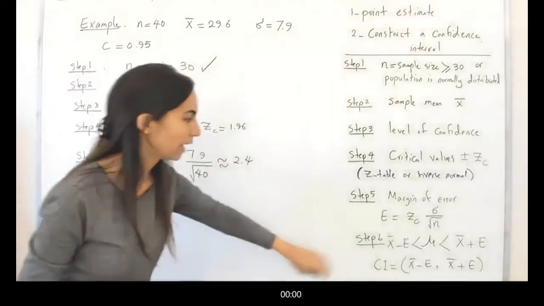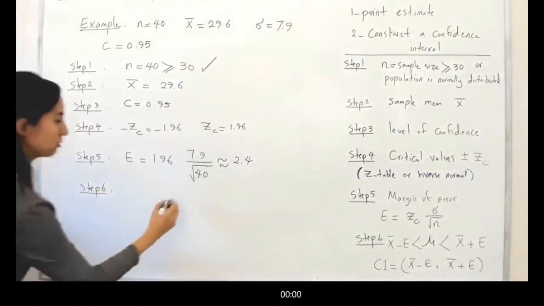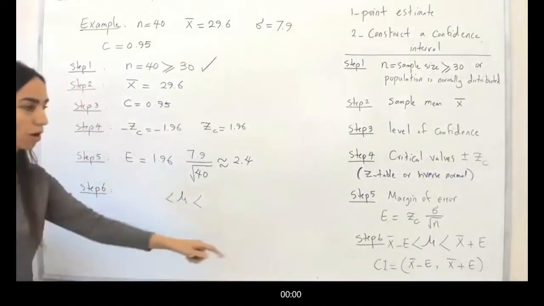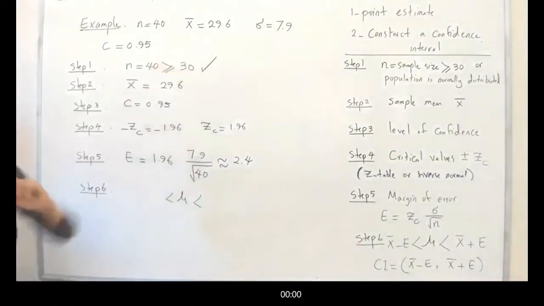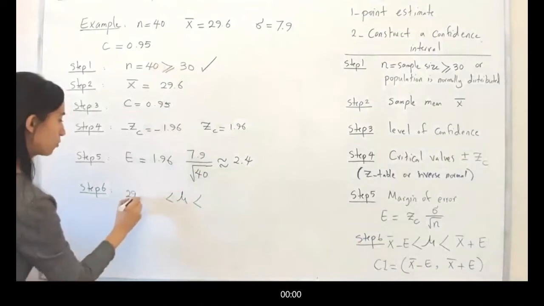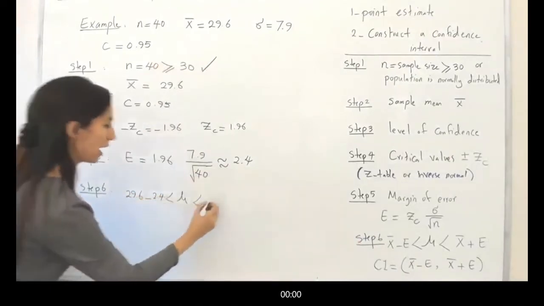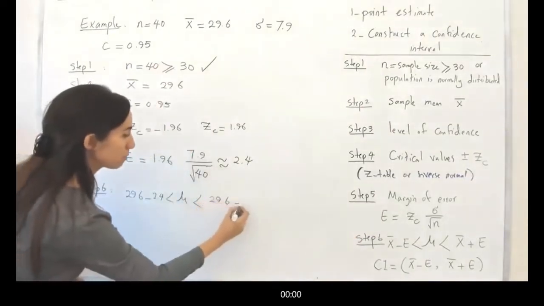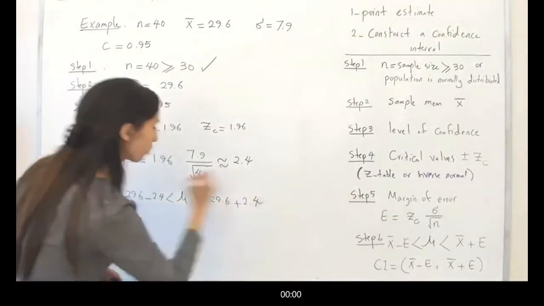And in the last step, step 6, let us construct our confidence interval. The mean of the population is in between X bar, which is 29.6, minus E, 2.4, and X bar, 29.6, plus the margin of error, 2.4.